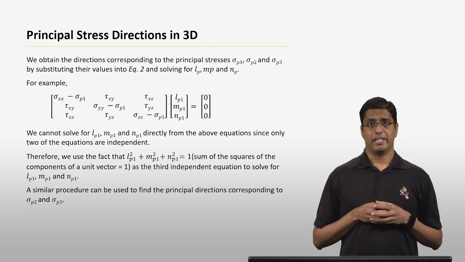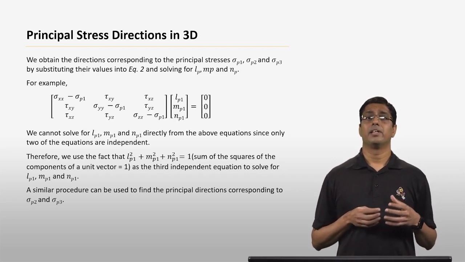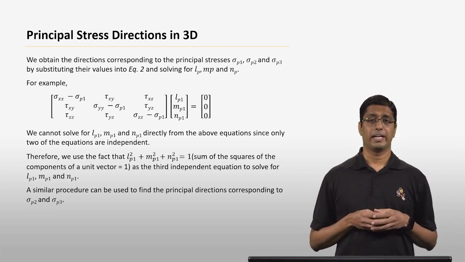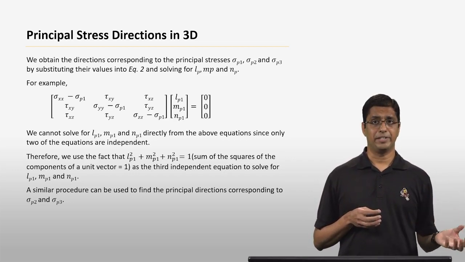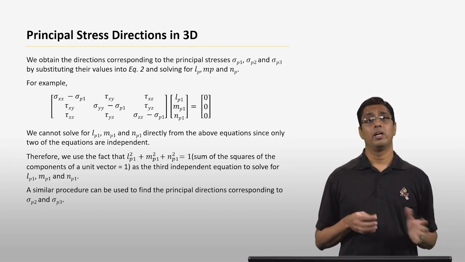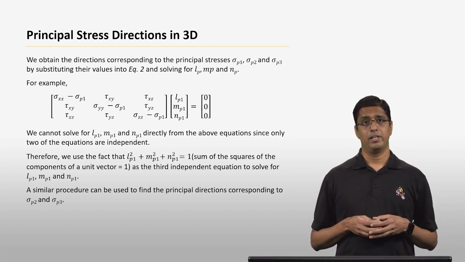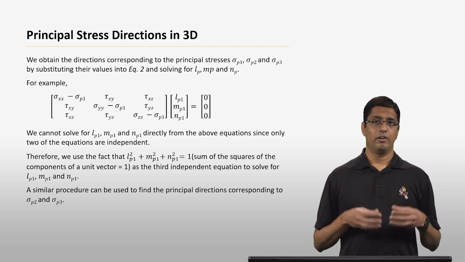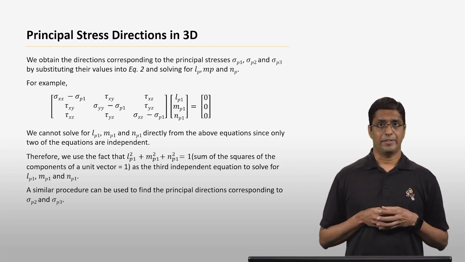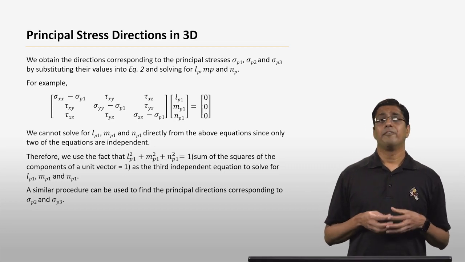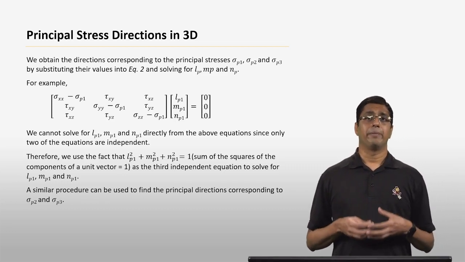But if you look at this set of equations, it is a set of homogeneous equations, and the equations are not completely independent of each other. Of the 3 equations, only 2 are independent. So you can't explicitly solve for LP1, MP1, NP1 using the first set of equations. However, we know something more about LP1, MP1, and NP1.